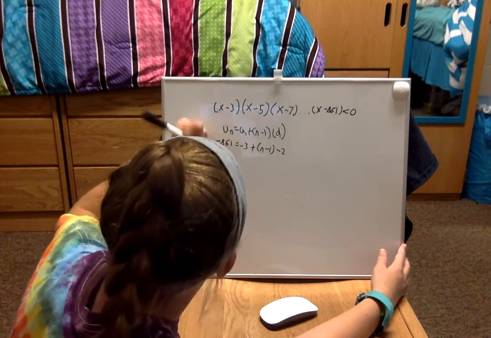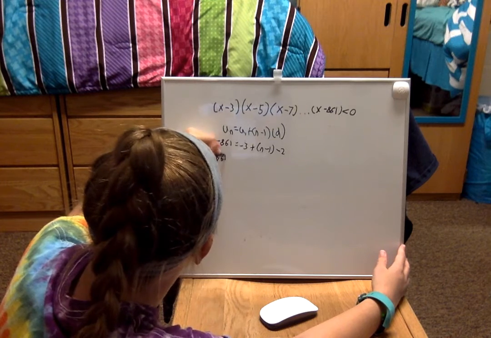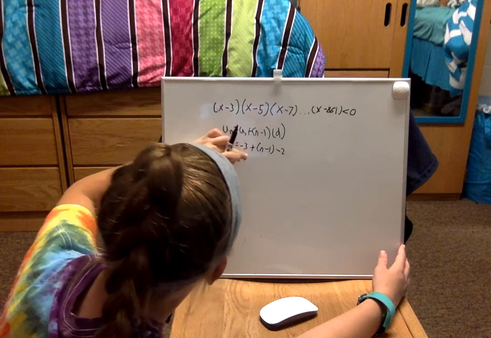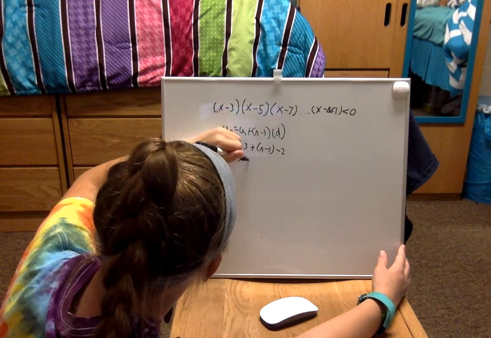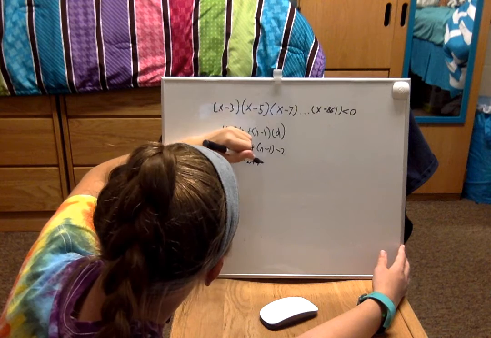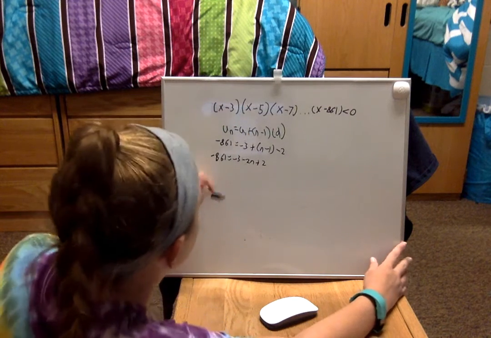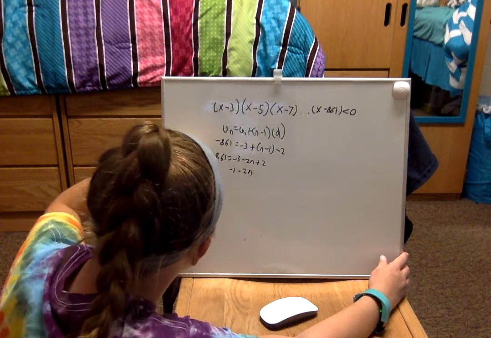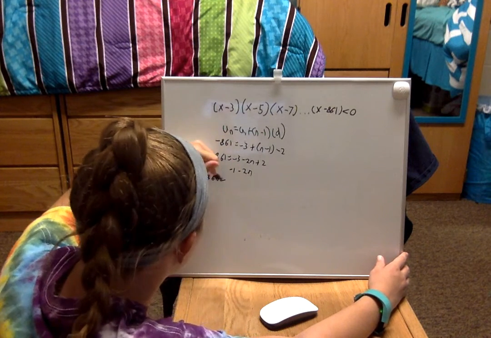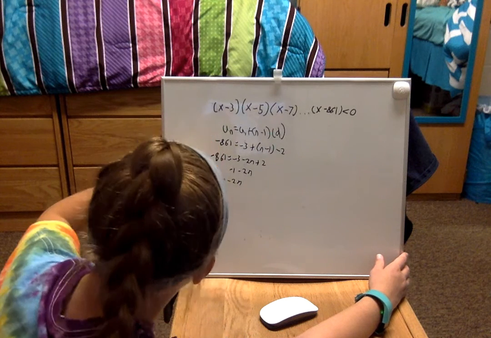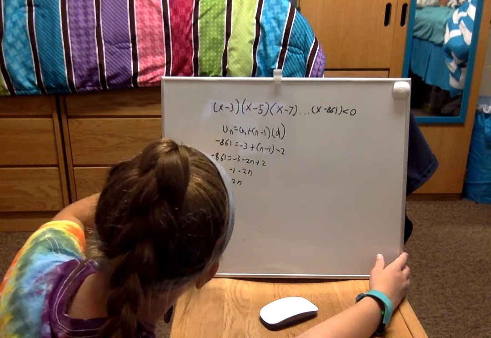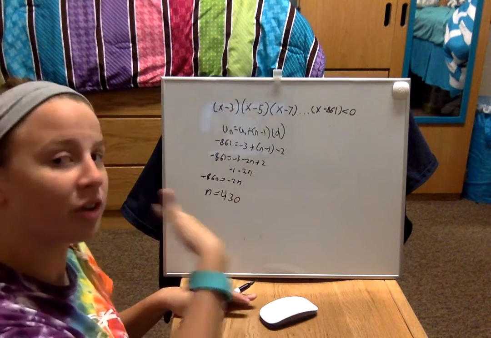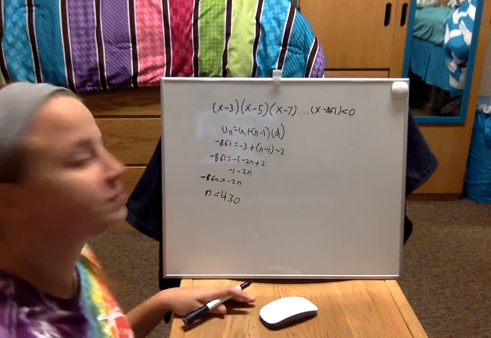Then we simplify it, and we get an answer of n equals 430, which means that there are 430 terms in the sequence.